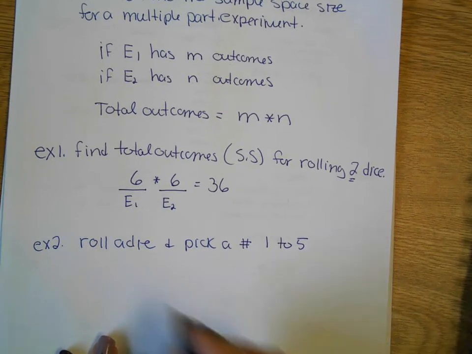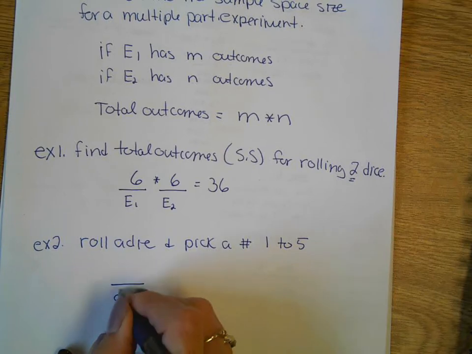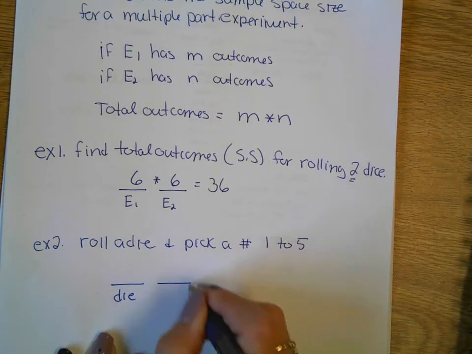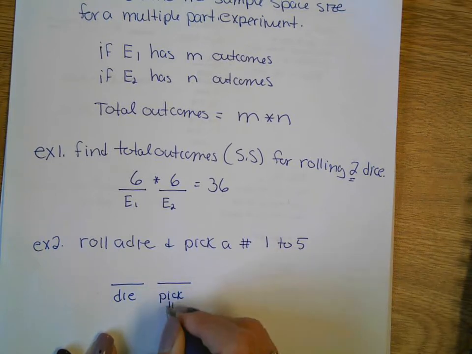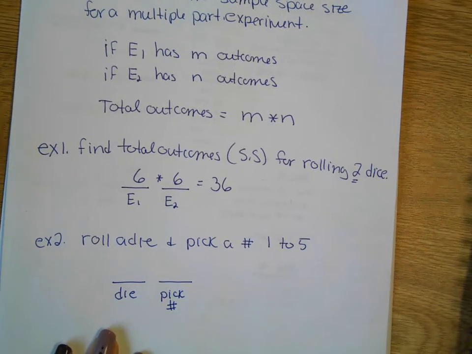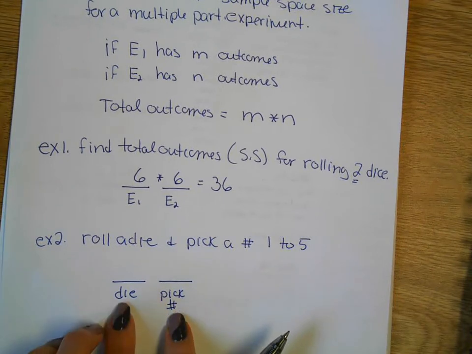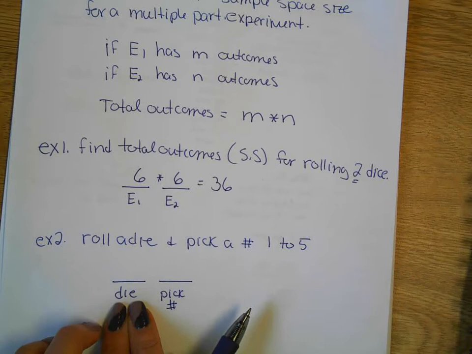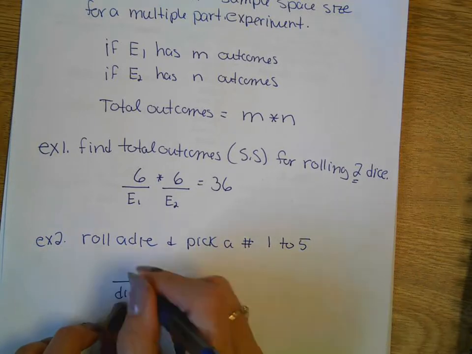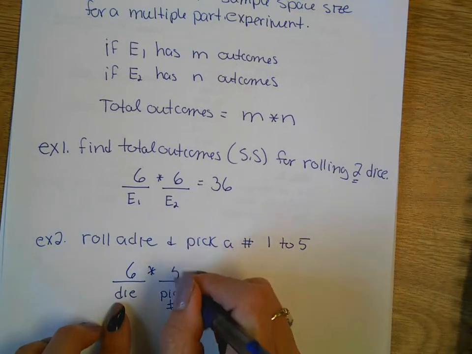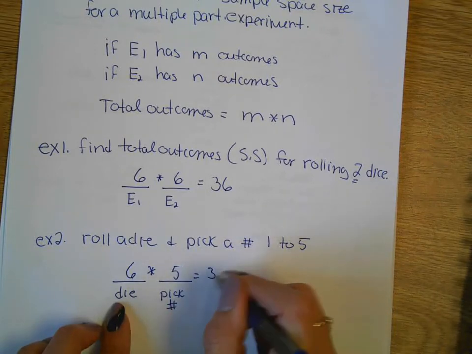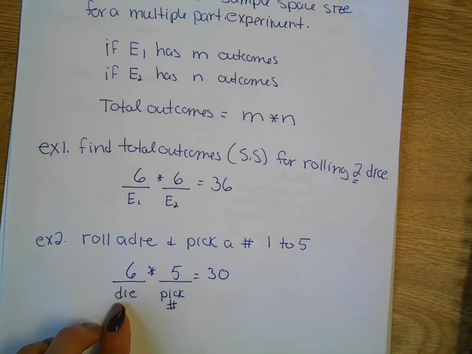So it's still two events. The die and the pick a number. Is it absolutely necessary for me to put these labels down here? No, it's just so you guys can see where the numbers are coming from. So how many options are there on the die? 6. How many for the pick a number? 5. So there would be a total of 30 branches on your tree.